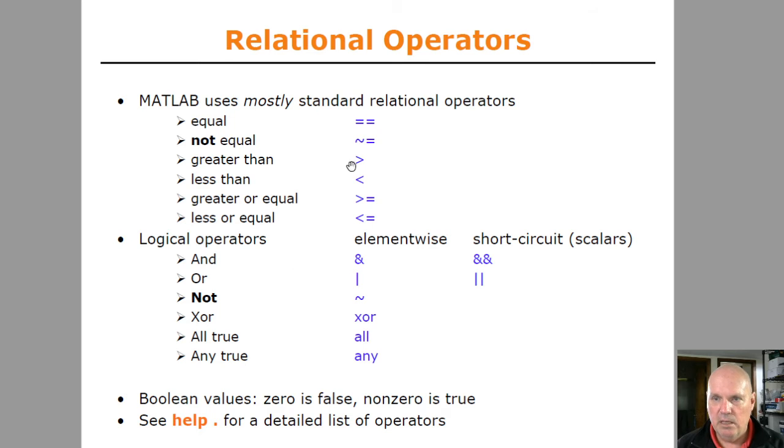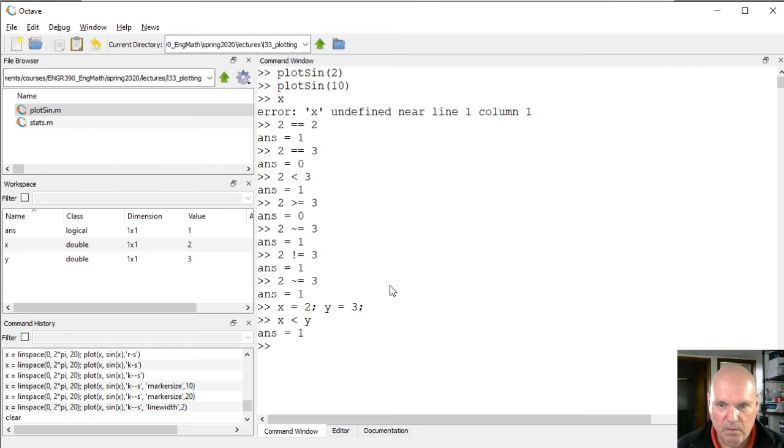You can also combine these relational operators using logical operators. So for example, is 2 less than 3 and 5 less than 100? Both of those are true. So I get back that that's true. Now for and, both of them have to be true.